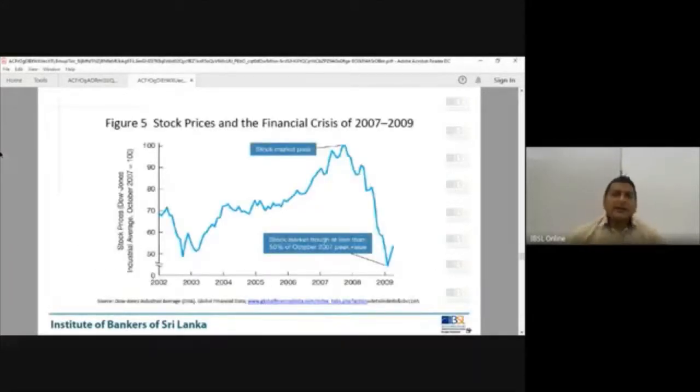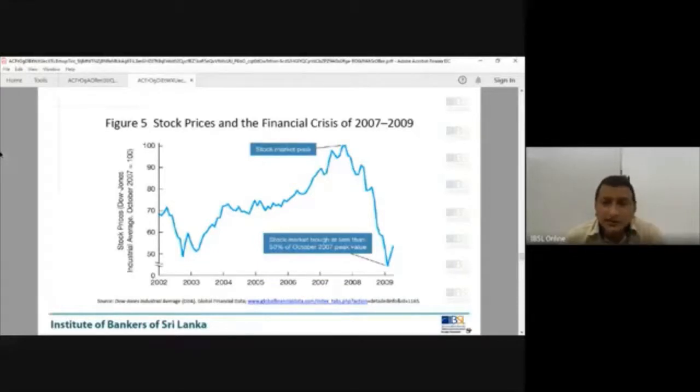And then another empirical evidence is the stock prices. You can see here, from the early 2000s to the doorstep of the financial crisis in the latter part of 2007, the stock market was on a trajectory of boom, with increasing prices. Again, we are looking at the Dow Jones Industrial Average, where 2007 has been taken as 100.